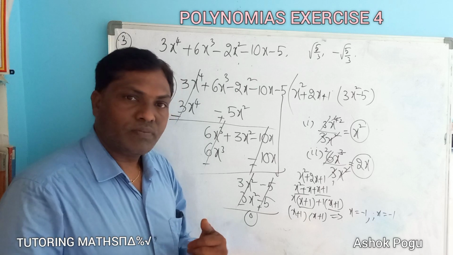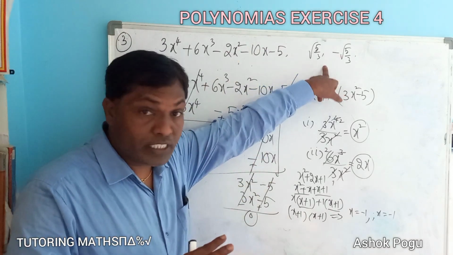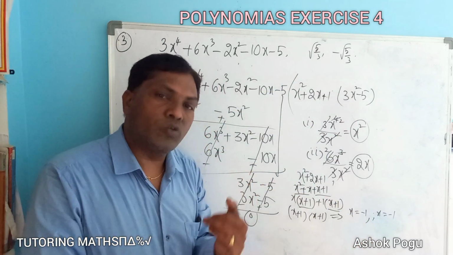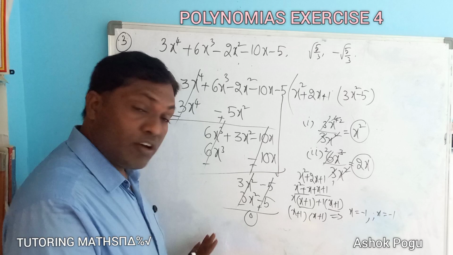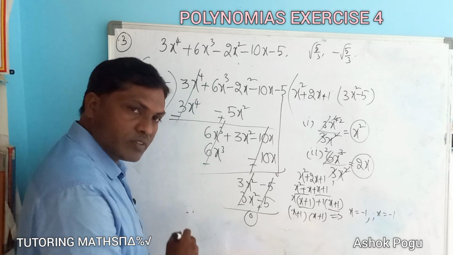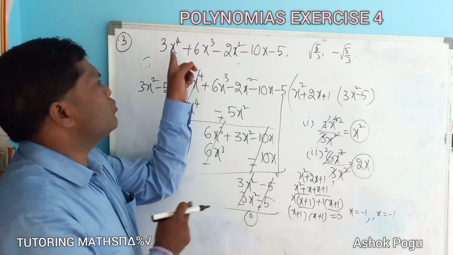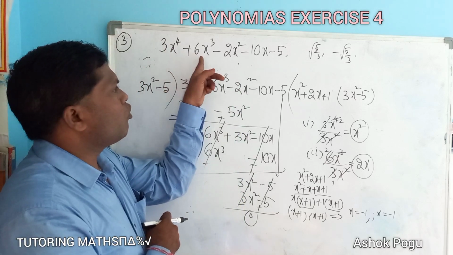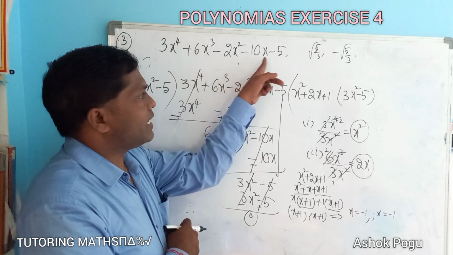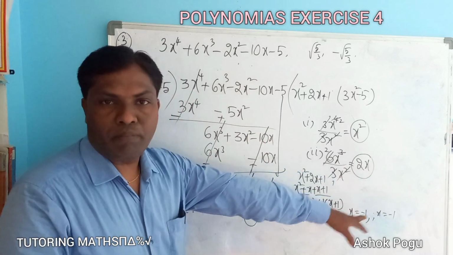So finally, in the given question, they have already given 2 zeros. Now we got 2 more zeros, so finally 4 zeros. In the result, we write: therefore, the remaining 2 zeros of 3x power 4 plus 6x cube minus 2x square minus 10x minus 5 are minus 1 and minus 1.